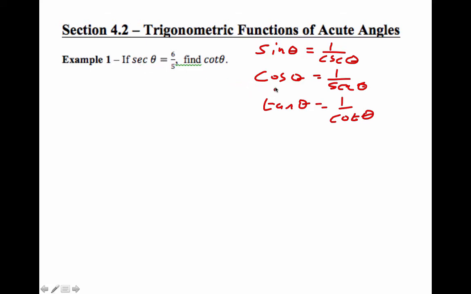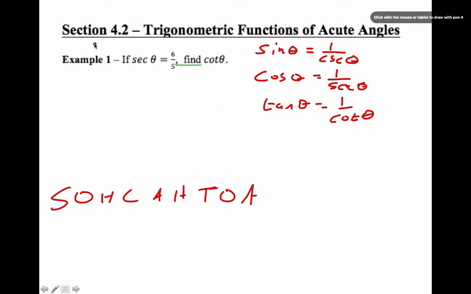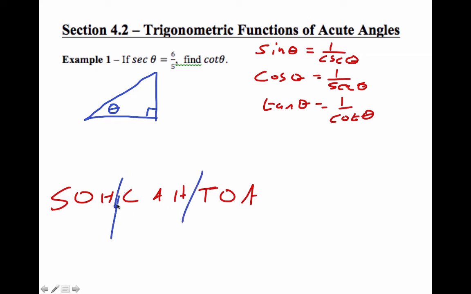So in our SOHCAHTOA, we can go ahead and make a triangle. My triangle will have an angle theta. And my secant, which I will go with cosine down here.